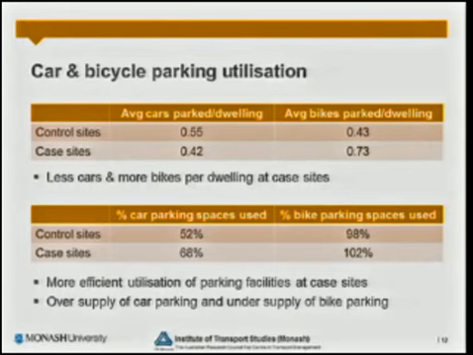At these sites we found that there was an oversupply of parking for cars and an undersupply of parking for bikes. And in recent times in Melbourne there's been a very high profile case of an apartment building where the owners wanted to build it with zero car parking and the State Planning Authority would not allow that.